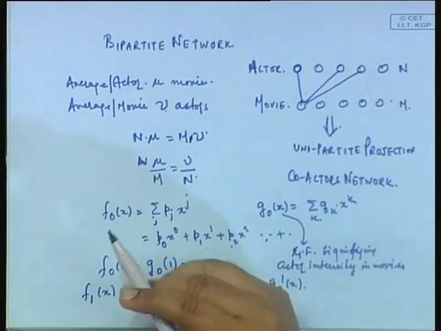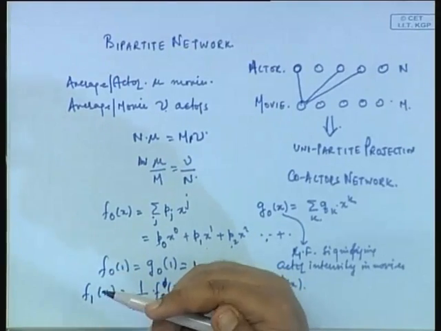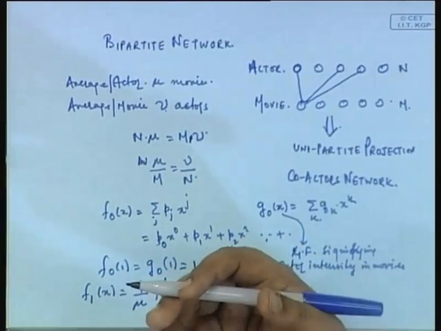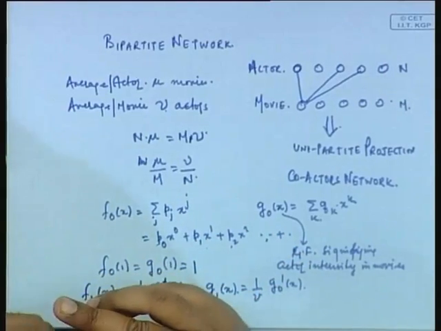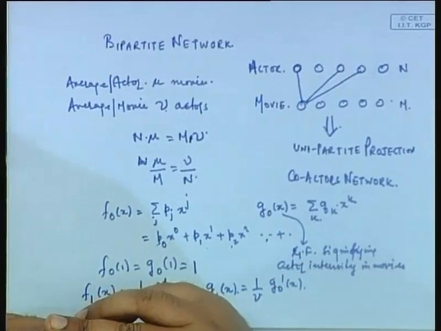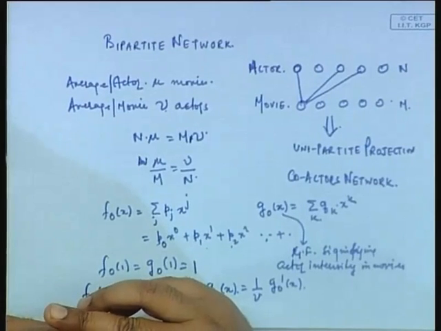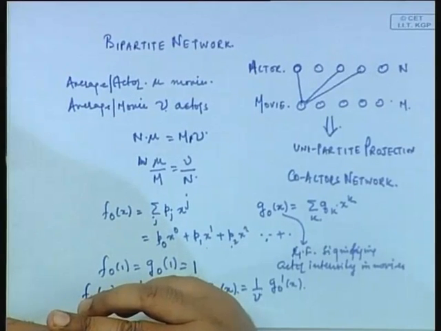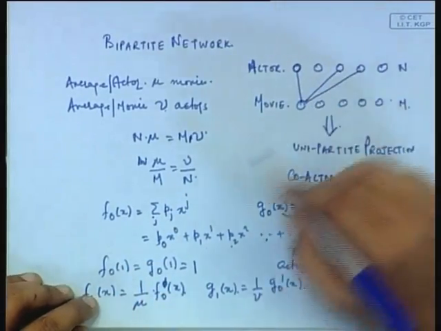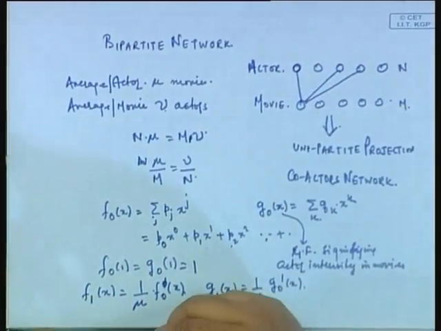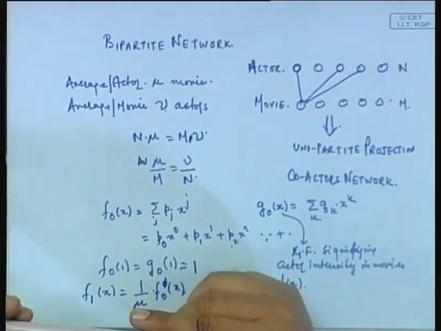How many actors have coacted with me is what? Neighbors of neighbors, they are second neighbors. Basically, my coactors are my second neighbors.